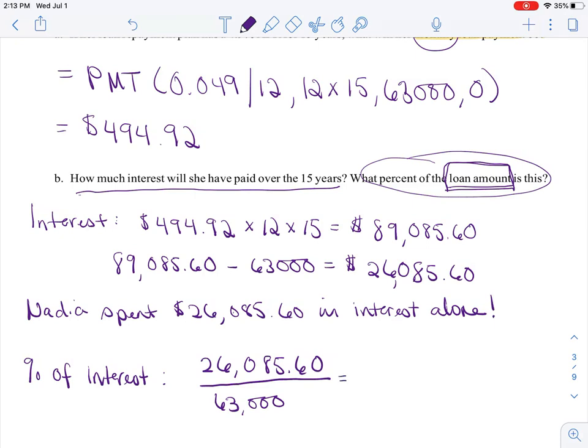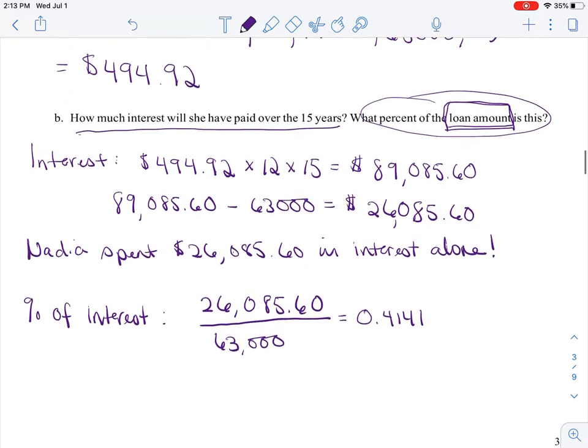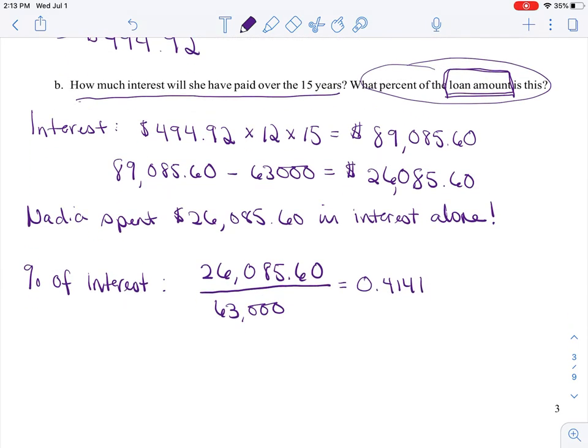And if we do this in the calculator or Excel or Google, we get 0.4141. So what that tells you, remember with percentage, the interest is about, since I am rounding, 41% of the loan amount.